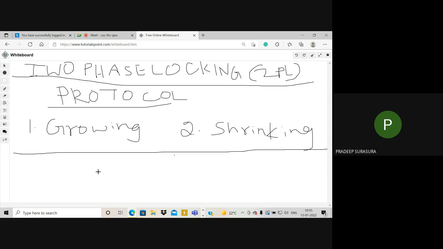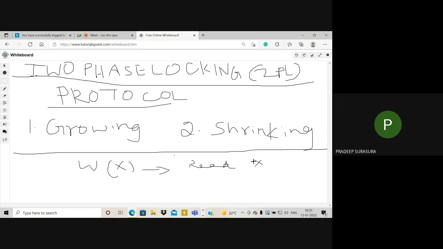So the first step is to read the data, and the next step is to write the data. If I want to read the data, first which lock has to be applied? Read lock has to be applied. My intention is to write the data, but before writing, I should read that data.